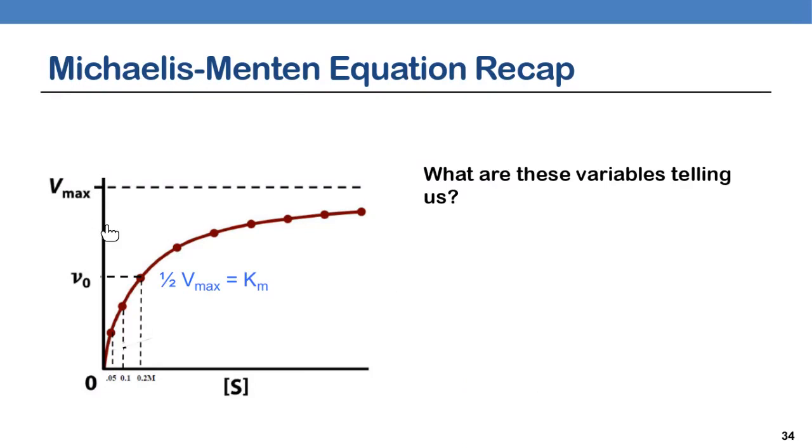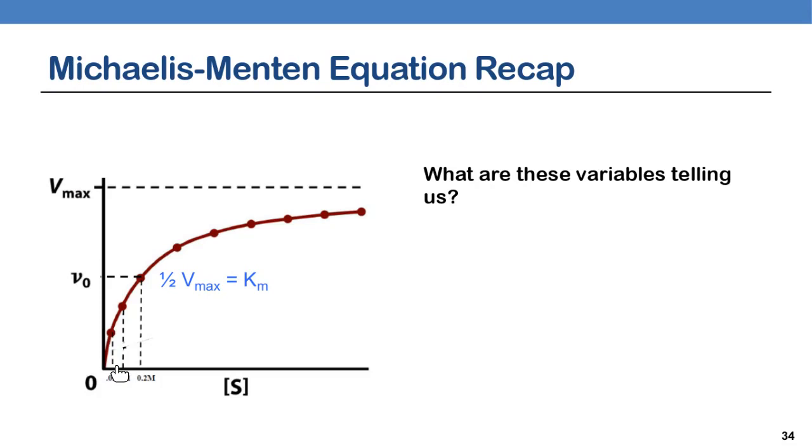So if you have any other value here for your V0, that's not going to be your Michaelis-Menten plot. Sometimes that might come up in quizzes or old exams. You might be given a graph, and this might be concentration of product. And they might say, what's the Km, but you can't really get the Km from that because it's not an MM plot. So be careful of the units on the axes.